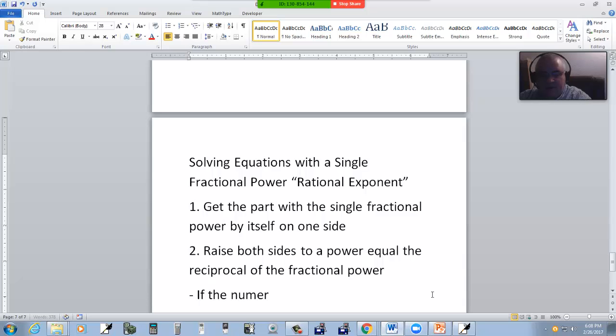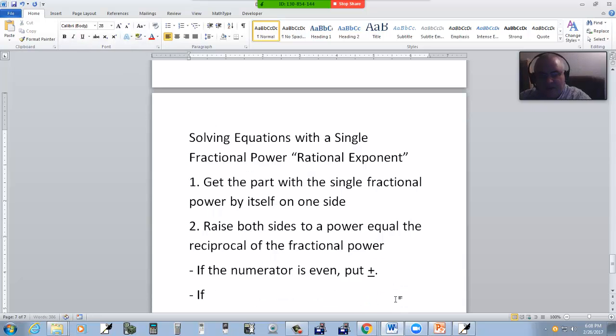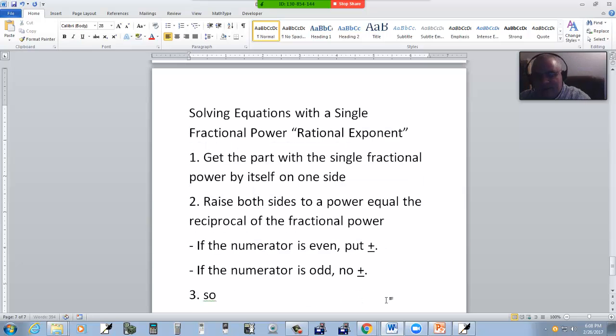If the numerator is even, then you're going to put a plus or minus. If the numerator is odd, then you're going to put no plus or minus. And then step 3, solve for x.